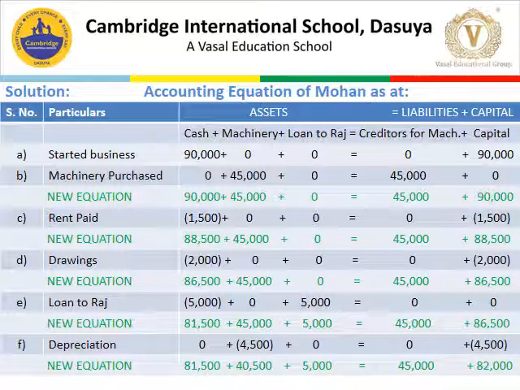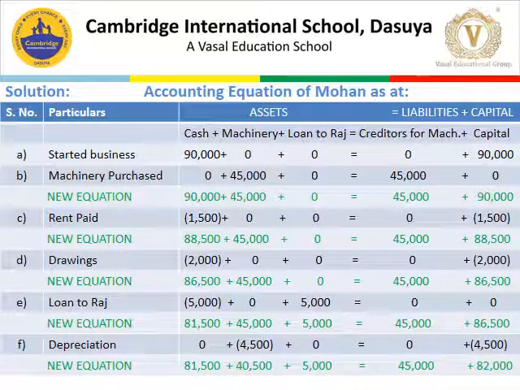Next is depreciation. Now what is depreciation? Depreciation is the reduction in the value of assets due to normal wear and tear. So due to this depreciation, the cost of the machinery will fall. It is clearly mentioned in the question that depreciation is 10% on the cost of the machinery. 45,000 is the cost of the machinery and 10% of 45,000 is 4,500.